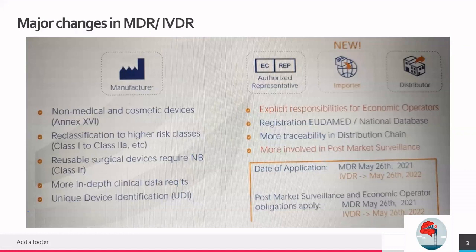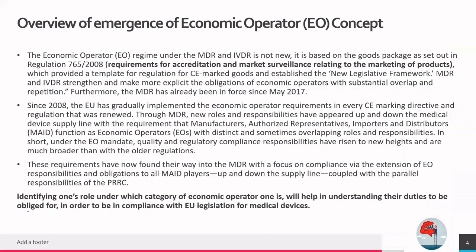It's not anymore a gray line, it's a clear black and white line for all the economic operators that has been mentioned in MDR and IVDR. So this is also new in MDR and IVDR, that though the economic operators were there before, the obligations, roles and responsibilities are mentioned here more specifically and clearly. Okay, so next we go to the slide.